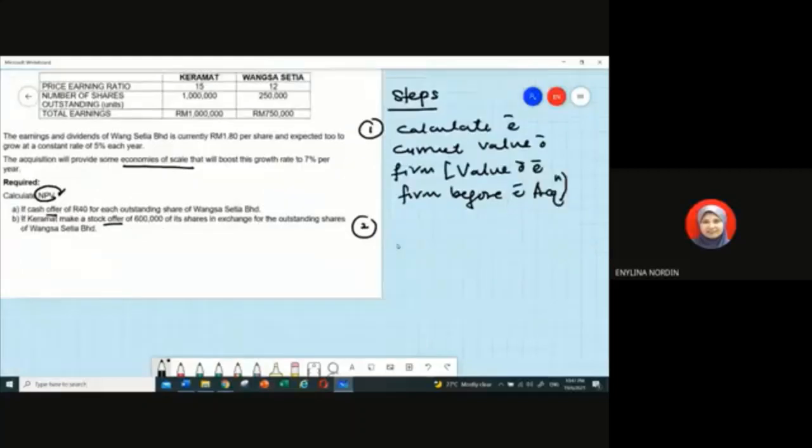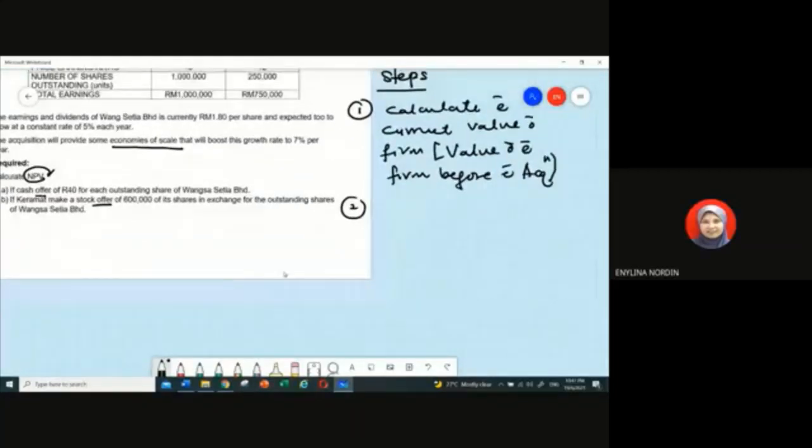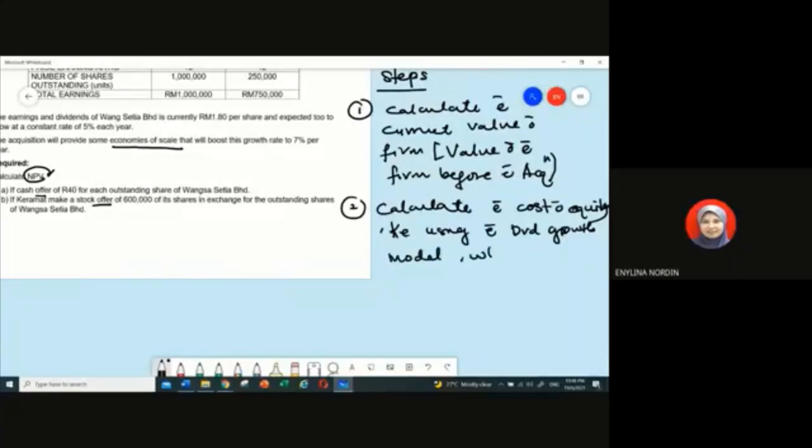After we have done the first step, we go to step 2, which is to calculate the cost of equity, KE, using the dividend growth model when the growth rate equals 5%, that means before the acquisition.